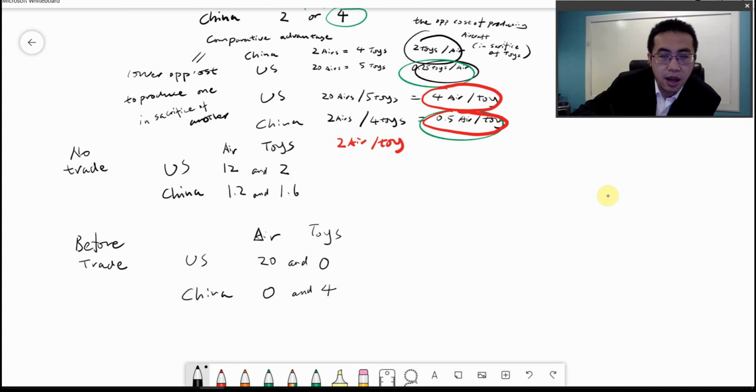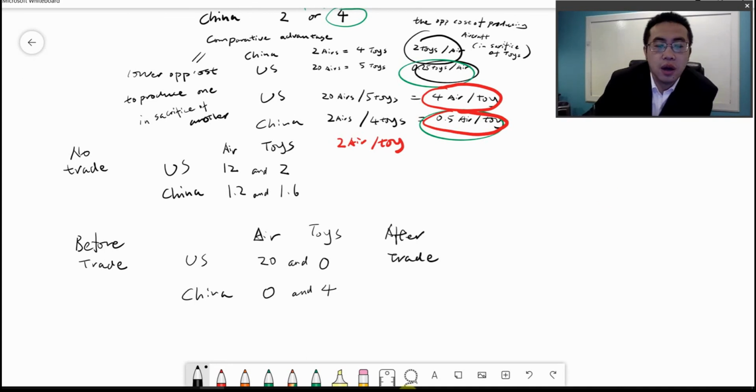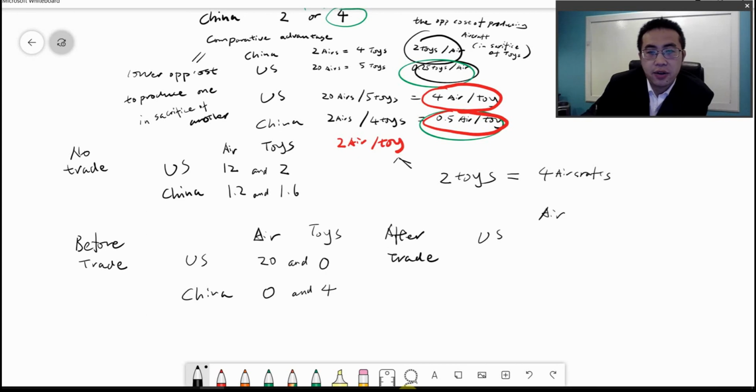So in the after-trade situation, let's say China will sell toys to the U.S. and the U.S. will sell aircraft to China in exchange. So let's say the trade volume is two toys and this is the trade price. So that's basically equivalent to two toys for four aircraft. For the U.S., after the trade, their aircraft will go down to 16, since it comes from 20 and 4 have been shipped to China.